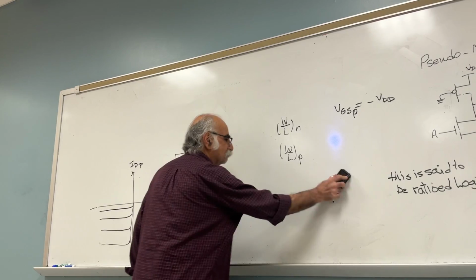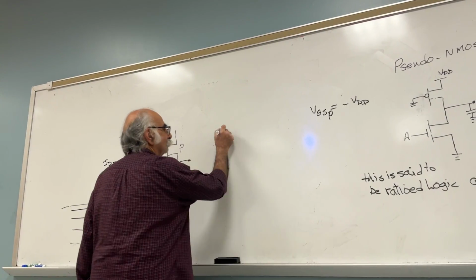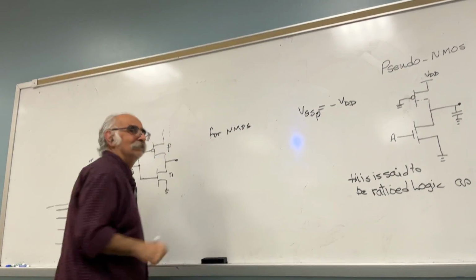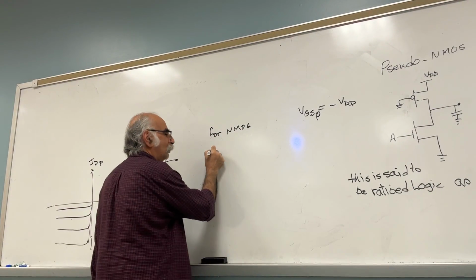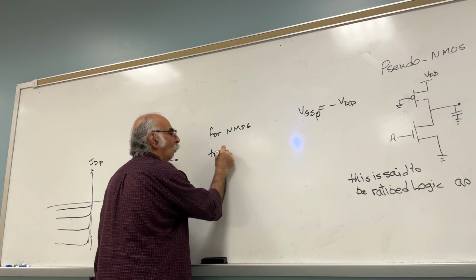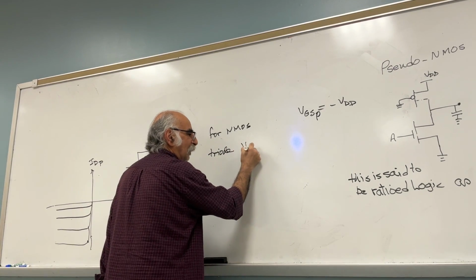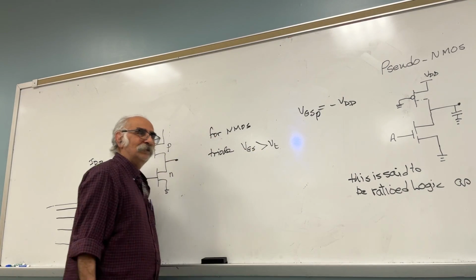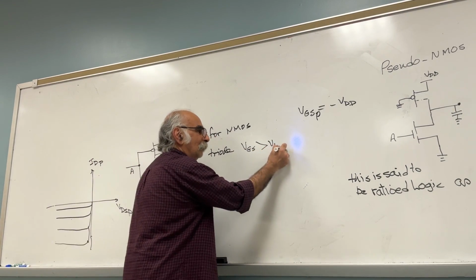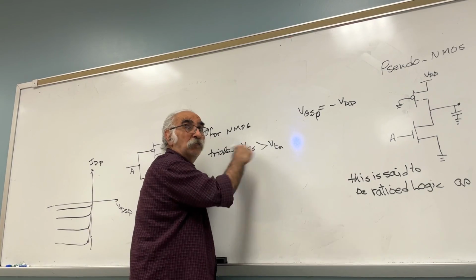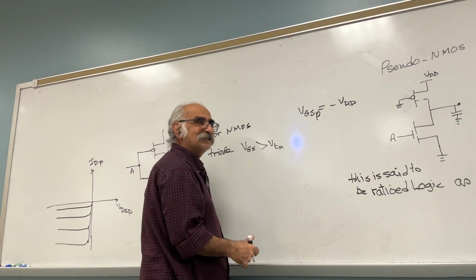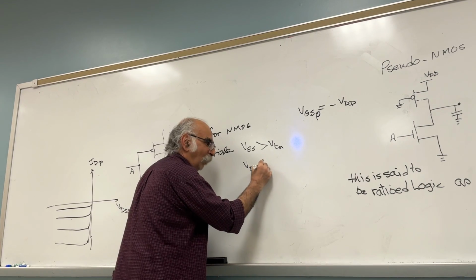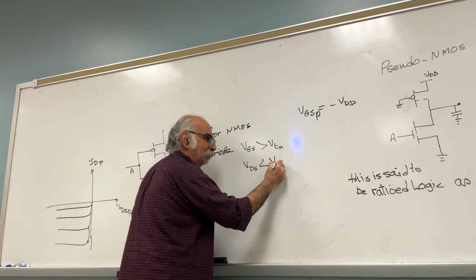Let me remind you of the NMOS first of all. For the triode, what is the condition? VGS has to be greater than VTN, and this one is positive. In NMOS, everything is positive. And the other one: VDS has to be less than what?